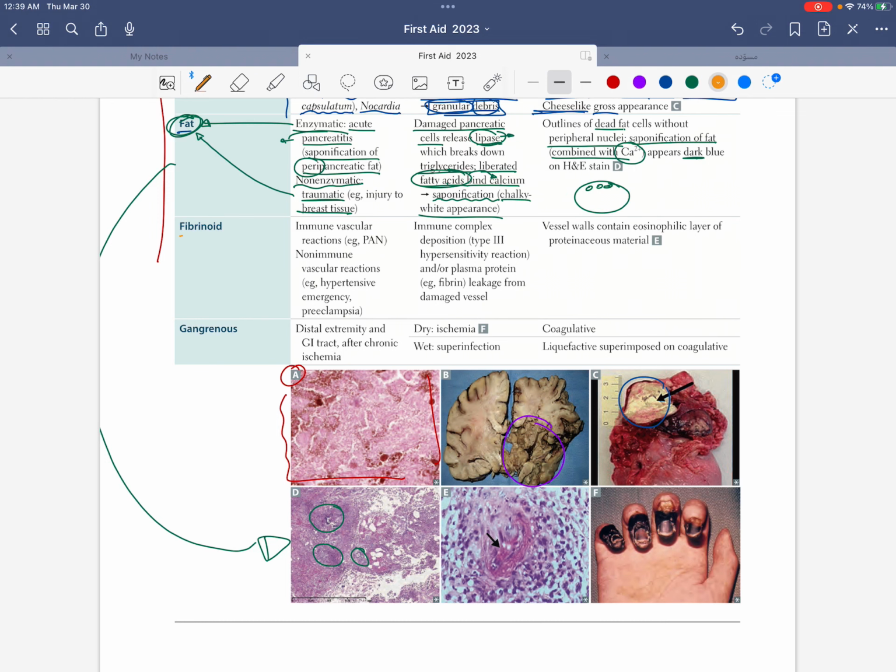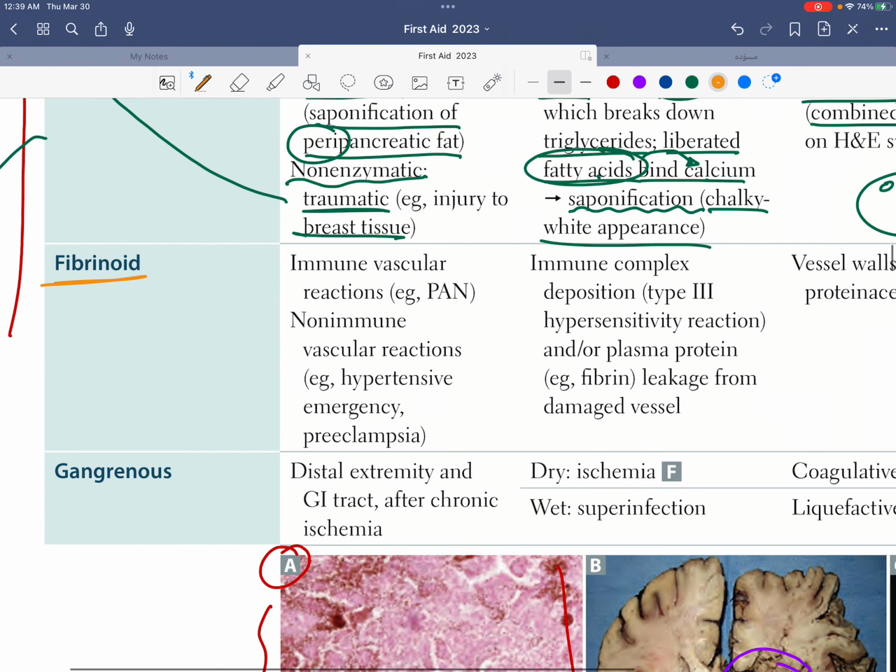Okay. For the fibrinoid necrosis, it's a vascular reaction. That's PAN. It could be an immune vascular reaction or a non-immune vascular reaction, one of two, either immunity dependent or immunity independent. But basically, it's still a vascular reaction.